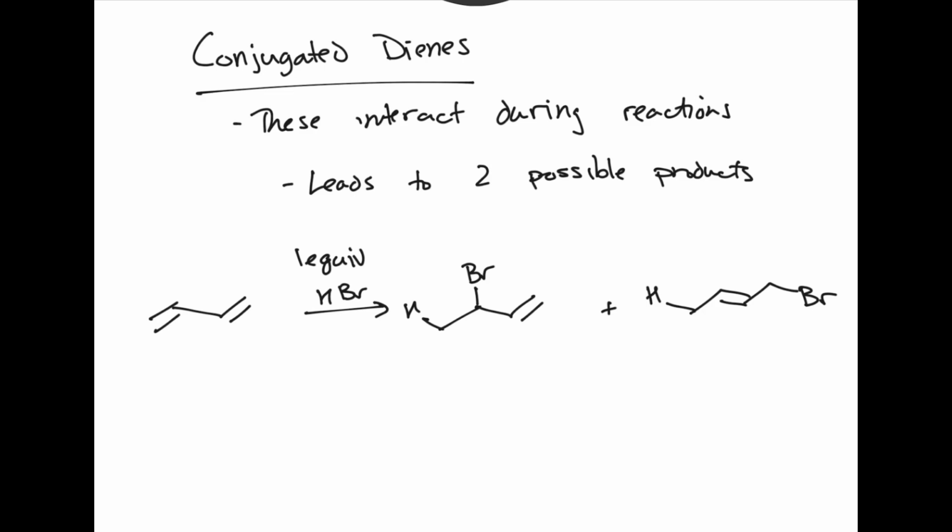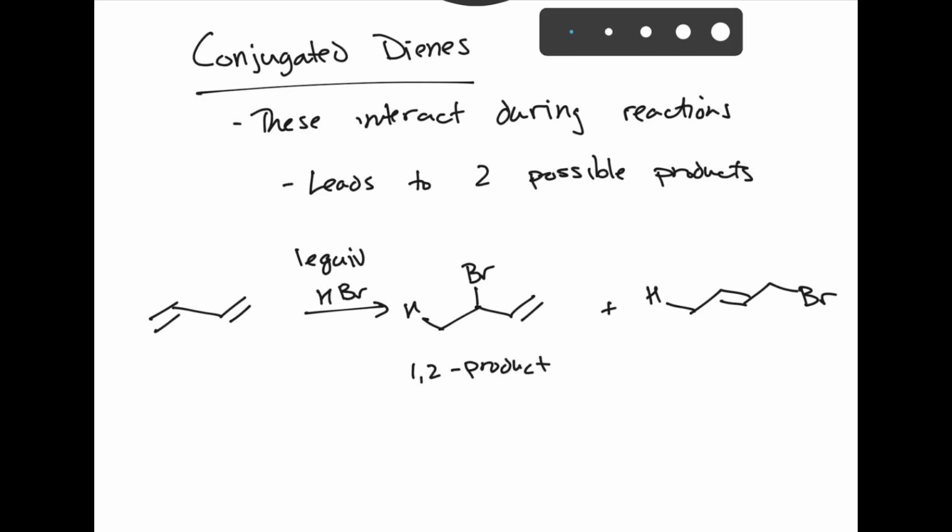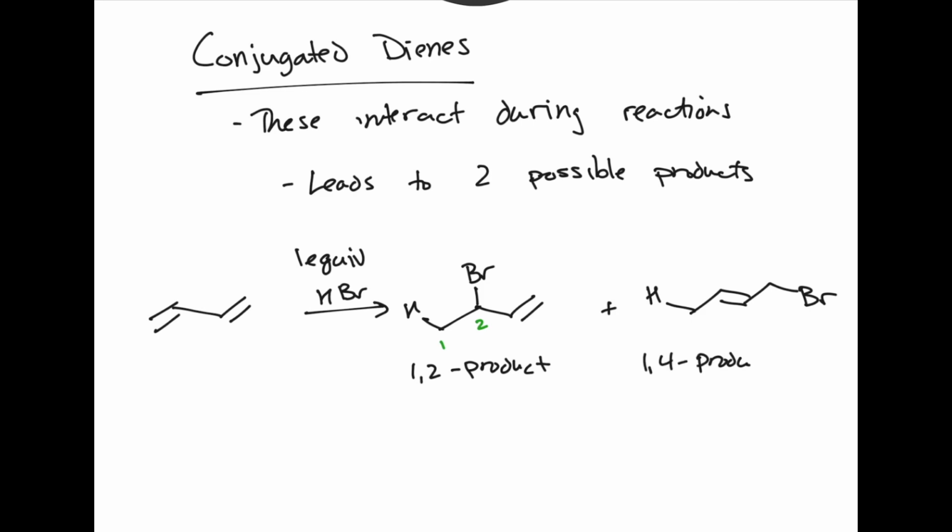This first product is called the 1,2 product because the hydrogen and the bromine are 1, 2 carbons apart, right? The other product is the 1,4 product. 1, 2, 3, 4. Here there are 4 carbons between the hydrogen and the bromine.